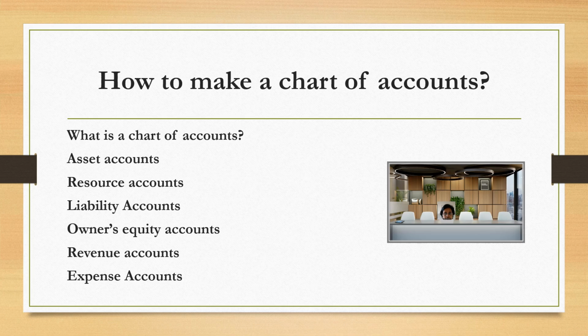Small businesses frequently use 3-digit numbers, while large companies use 4-digit numbers to allow room for additional numbers as the company grows. Clusters of numbers are allocated to each of the 5 main classifications, while empty numbers are left at the end to allow surplus accounts to be added.